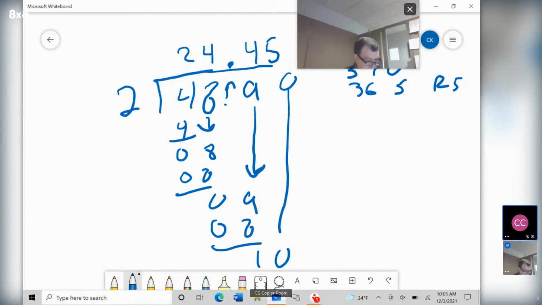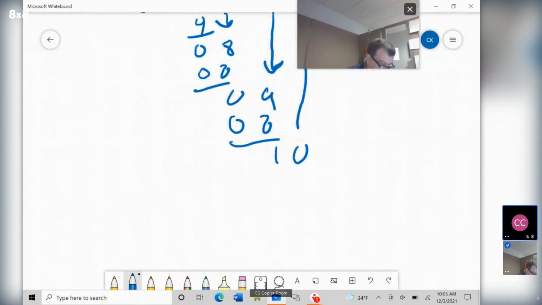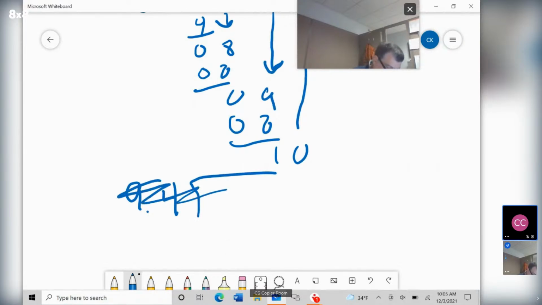Okay. So let's do one with a decimal in the divisor.